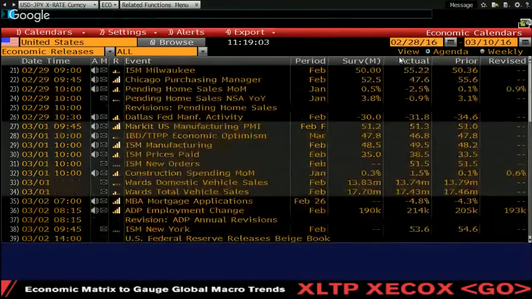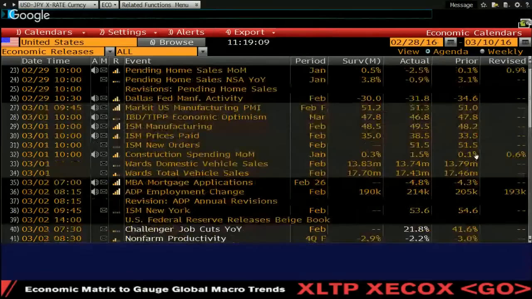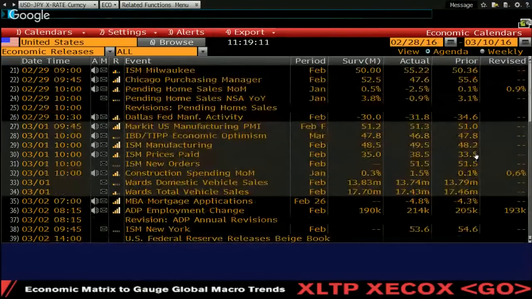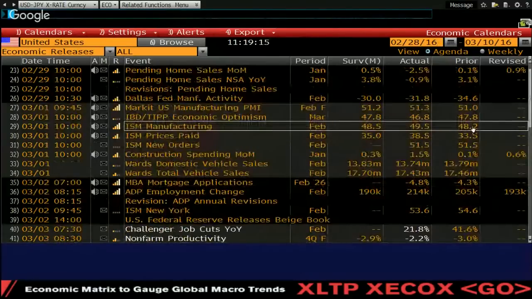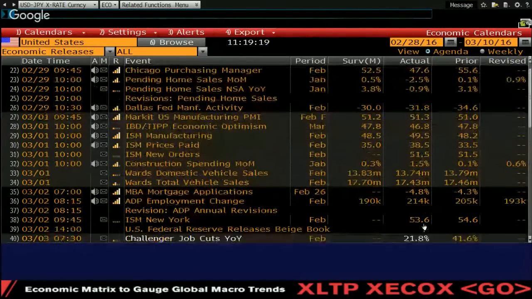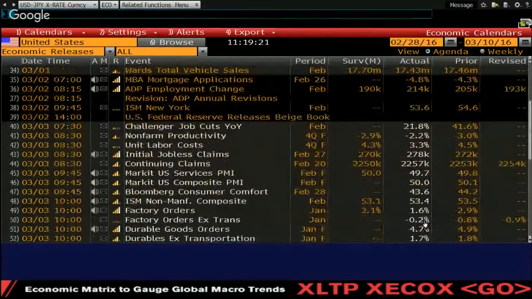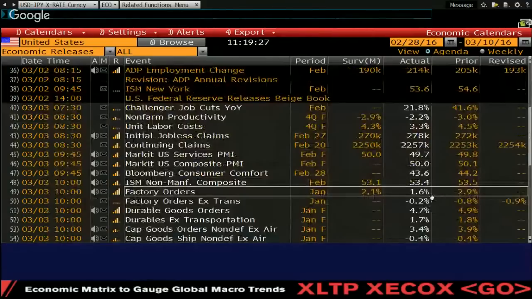What you will see is that for the most part, with the exception of today's reports, we had better data. ADP was stronger, ISM manufacturing was stronger, kind of mixed to slightly better. But today we had the US non-manufacturing ISM index, which actually beat expectations. Durable goods firm.